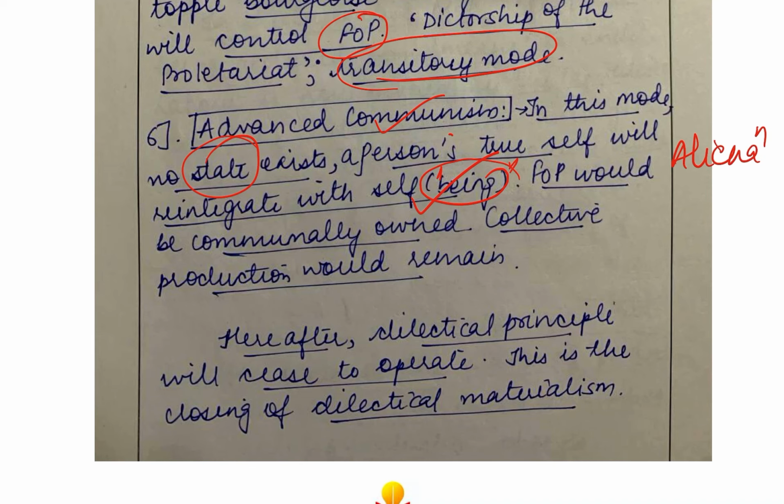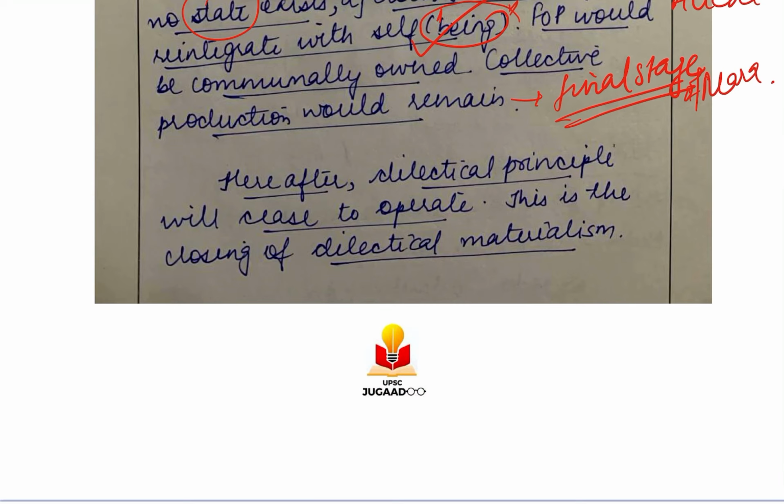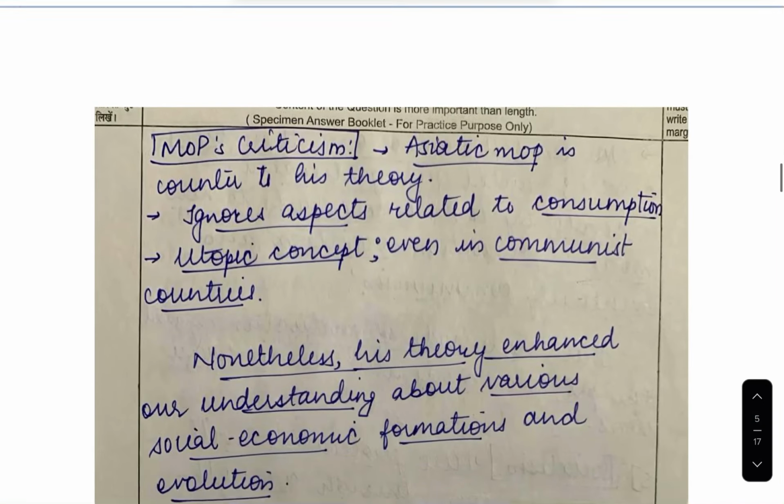So forces of production would be communally owned, collective production would remain, and this is the final stage of Marx. Hereafter the dialectic principle will cease to operate. This is the closing of dialectical materialism.